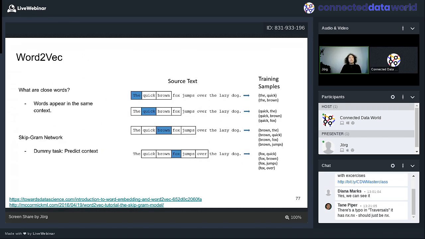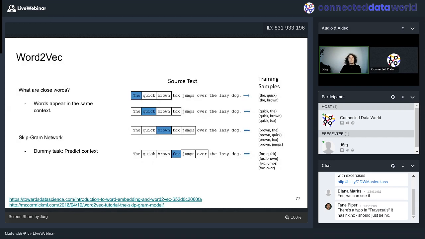So the rationale behind this is if we have words appearing in the same context, so for example, king and queen, they will often appear in the same context, for example, referencing palace, crown, prince. So those words are much more likely to appear in the context or in the surrounding of king or queen than in others.